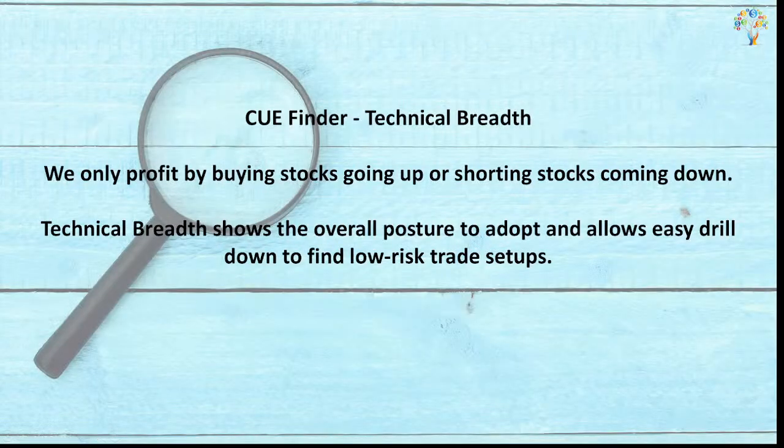Q finder technical breadth. We only profit by buying stocks going up or shorting stocks coming down. Technical breadth shows the overall posture to adapt, whether to buy, short or stand aside, and allows easy drill down. I'll probably use this feature today also to find low risk trade setups.